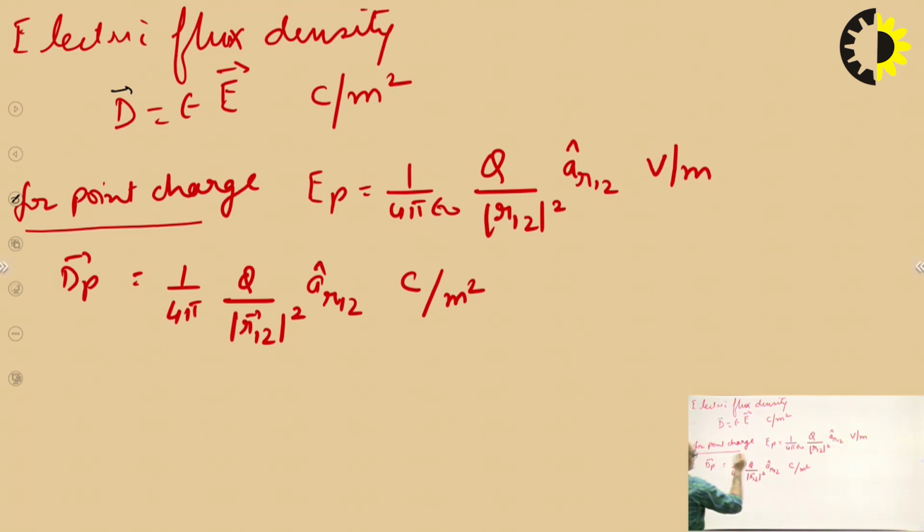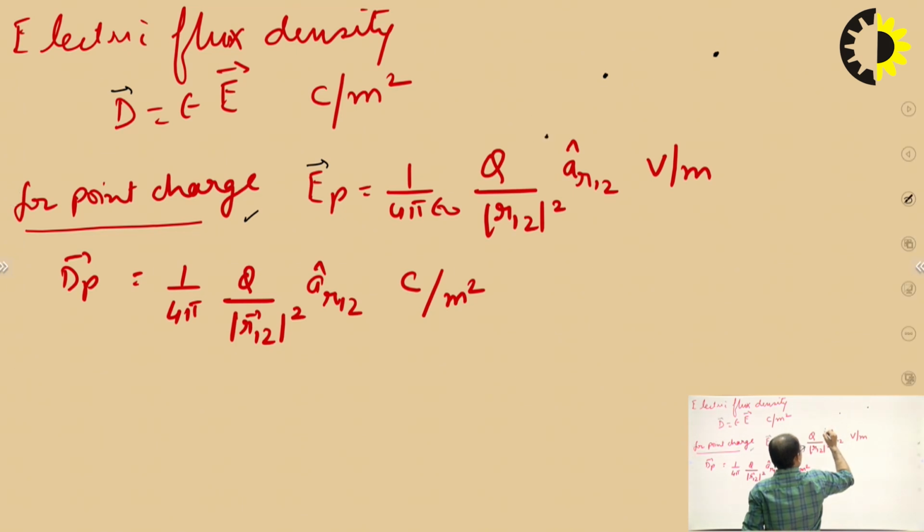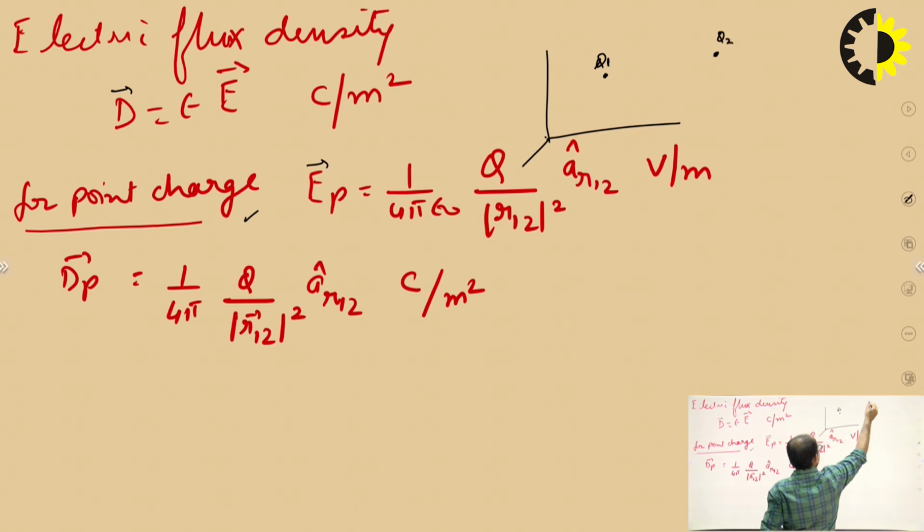So for the point charge we know that the electric field intensity is equal to 1 upon 4 pi epsilon, q upon r12 whole square, a cap r12. Let's say this is the origin, and this is point charge q1 and this is point charge q2.